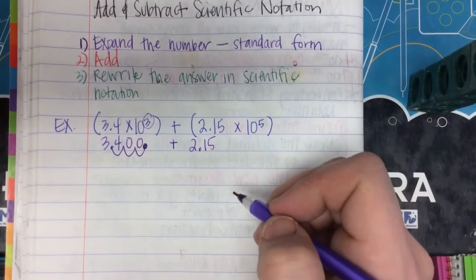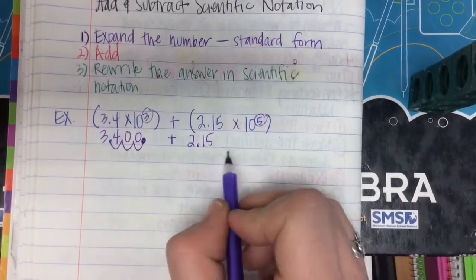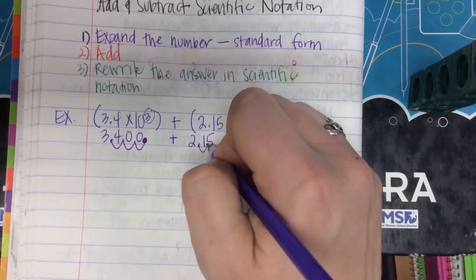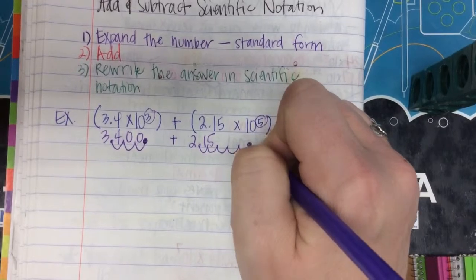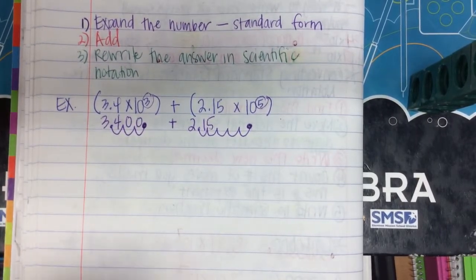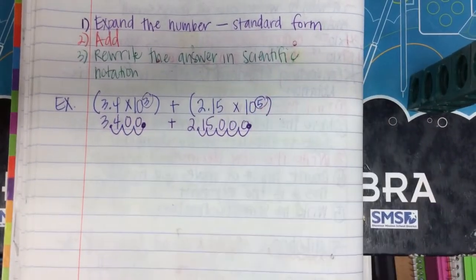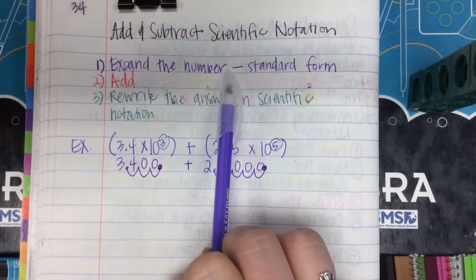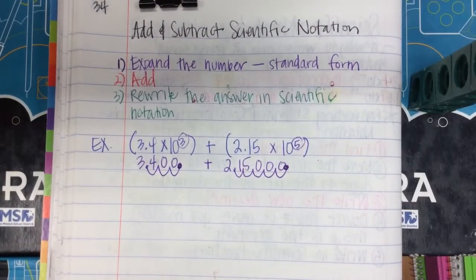And how many times do I move my decimal, Safi? 5 times I move my decimal. Is it going to get bigger or is it going to get smaller? Bigger. 1, 2, 3, 4, 5. And fill in the zeros. So I'm done with step number 1. Step number 1 was expand the number. Put it in standard form. Done.